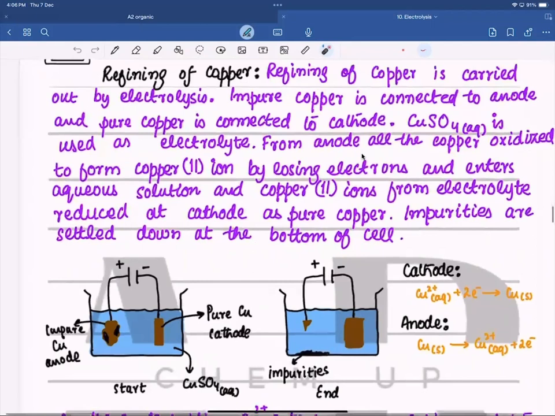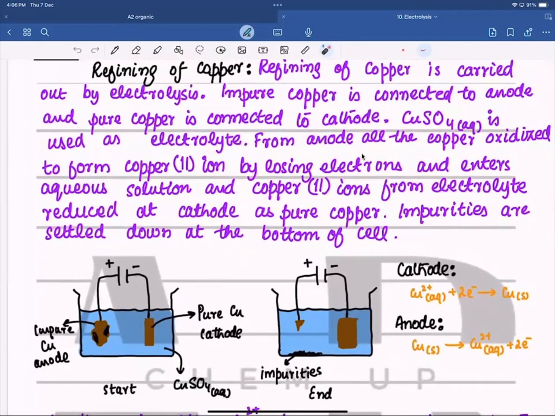So if you look at these two diagrams, you can understand this. Here I have an impure copper electrode, and this one is the pure copper electrode. So the copper ions from the solution move and get deposited over here, and at the same time, the copper ions from the impure electrode start entering the solution.